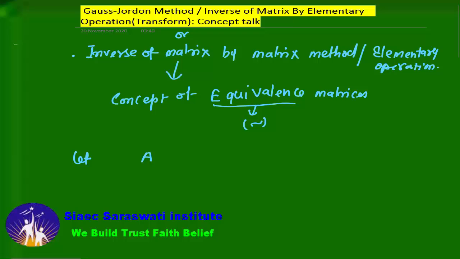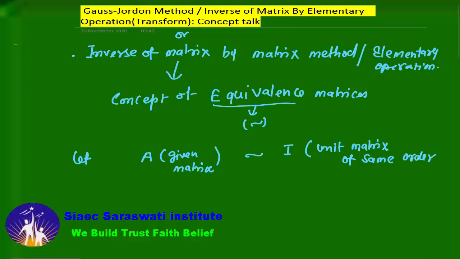Let the given matrix A, okay, is equivalent to the identity matrix, the unit matrix, of the same order as the given matrix.